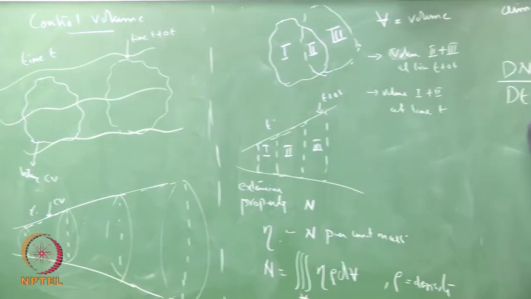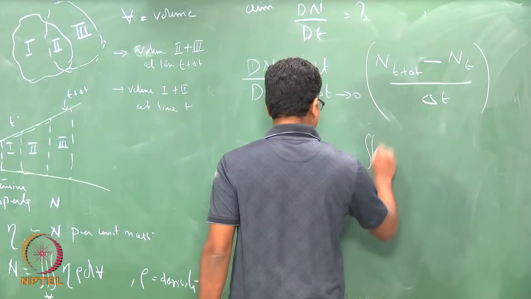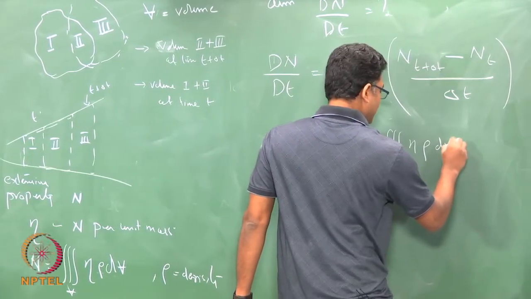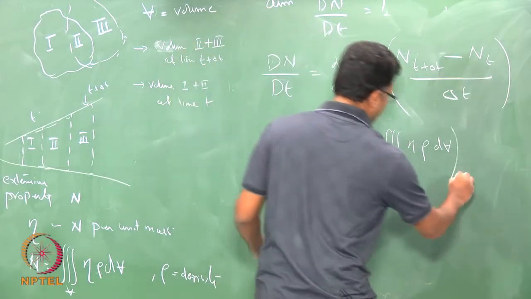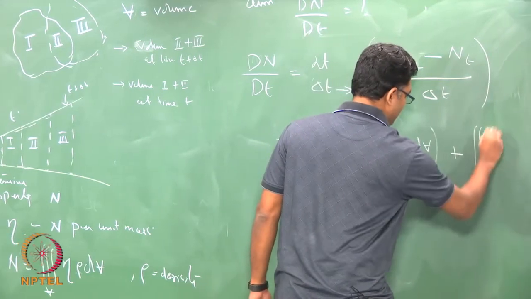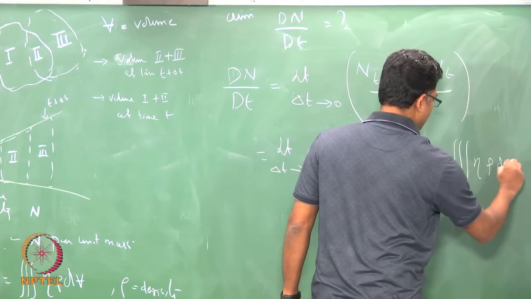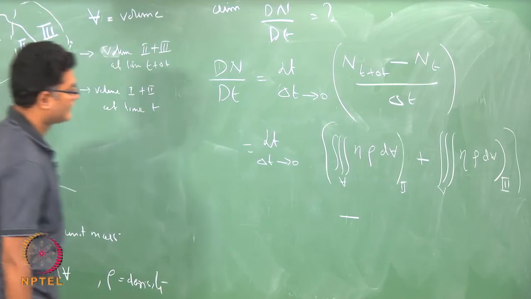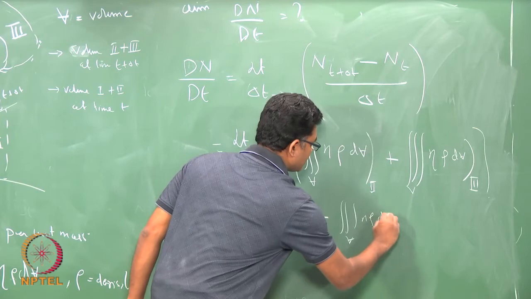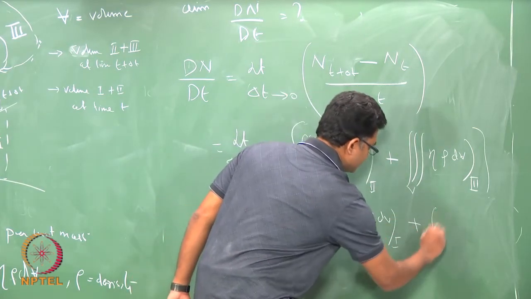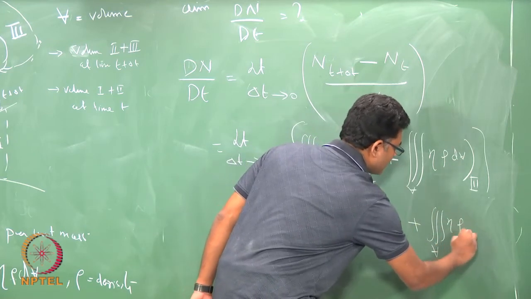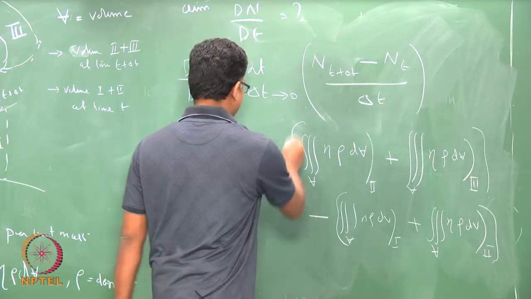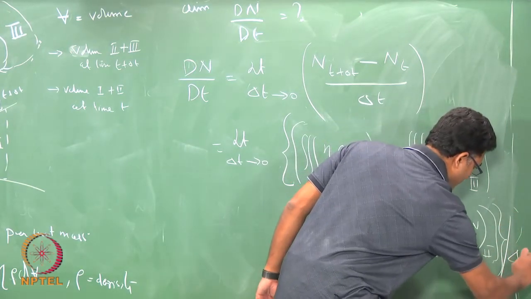So, your property N with this definition, integral over the volume eta rho dV for the region 2 plus eta rho dV for the region 3, minus the same thing for region 1 plus for the region 2, divided by delta t.